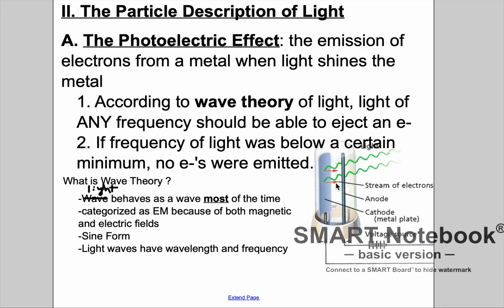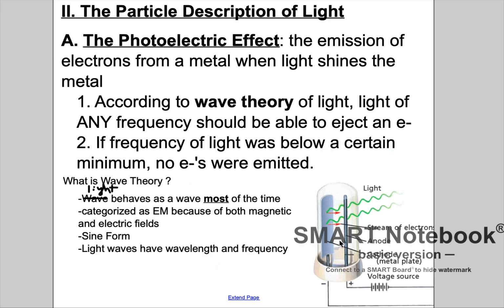Now, metal tends to have a sea of electrons, so the electrons are not held as tightly, and this is why metal is a great conductor. They said, if I shine this light, I should be able to strip some electrons and connect the circuit. You can see how they have this battery source here, but the circuit is not completed. So if electrons jump, I should be able to complete the circuit.